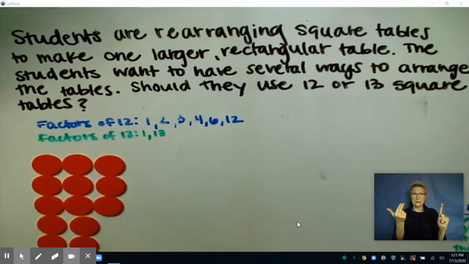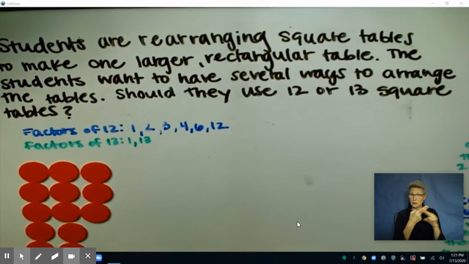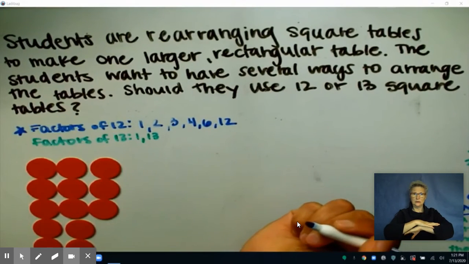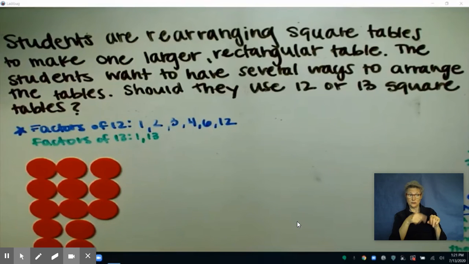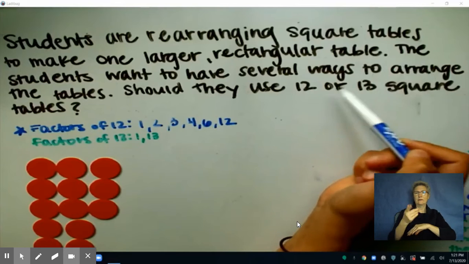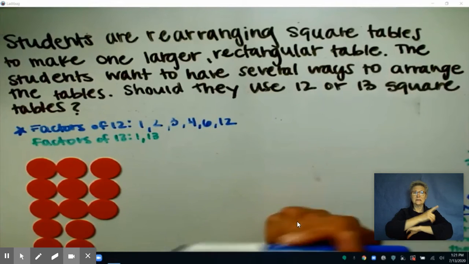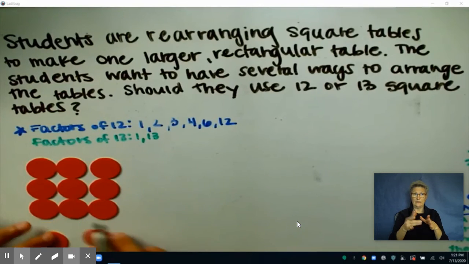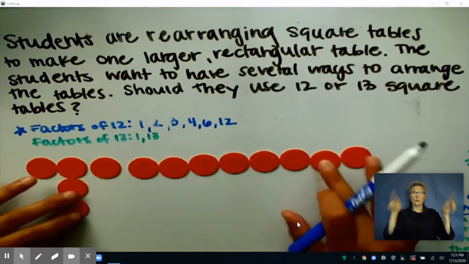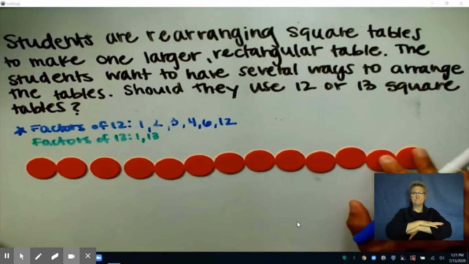And so to answer this question, should they use 12 or 13 square tables? My answer would be they should use 12 tables because they can arrange the desks in several ways. And that's one of the things they wanted. They wanted to be able to arrange the desks in several ways. If I have 13, I can really only arrange it in one way, 1 row of 13, right?